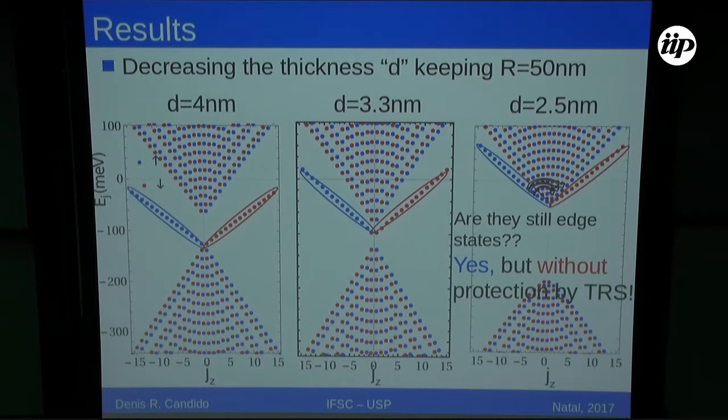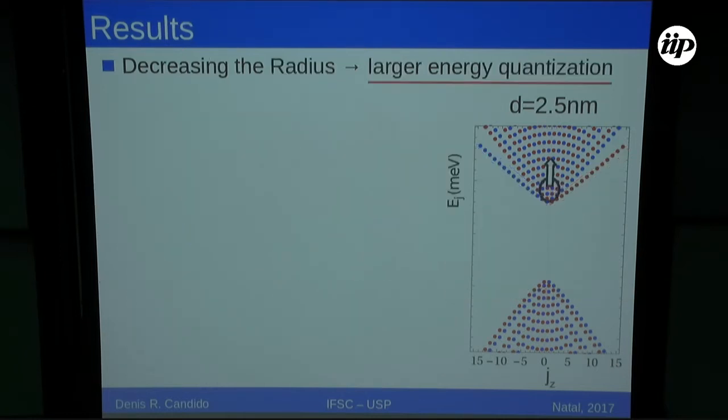So now what we thought is, let's decrease the radius of our dot, because once I do that, the energy quantization between these two levels will be larger. Then I can move all of these states here in the middle up.